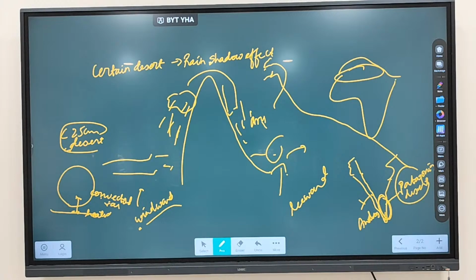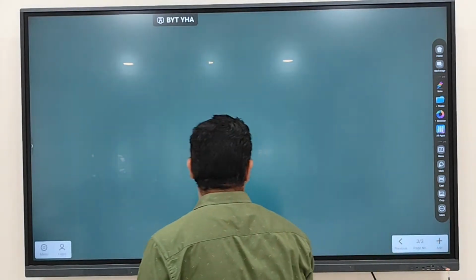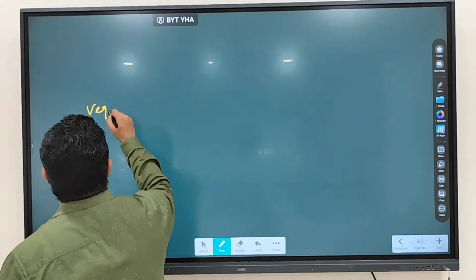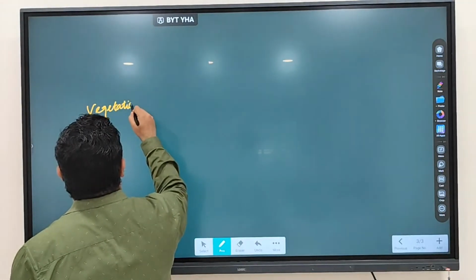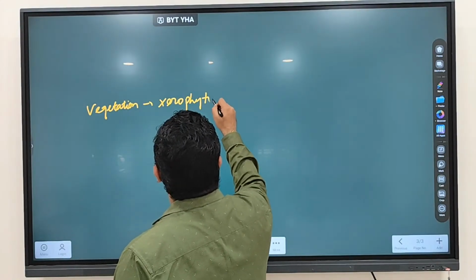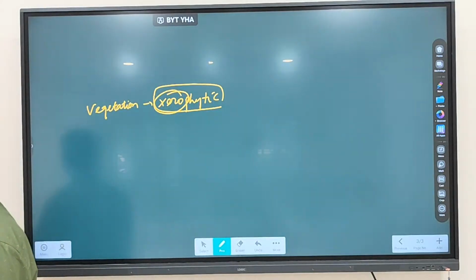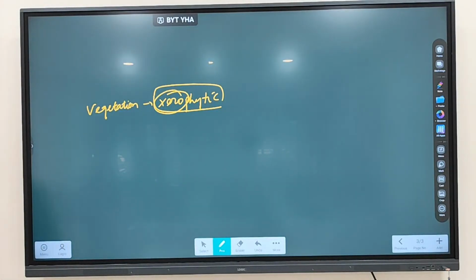Now, which type of vegetation are you going to see in the desert region? We call it xerophytic. Xerophytic means vegetation which requires less water. Such types of vegetation are referred to as xerophytic vegetation, or drought resistant.